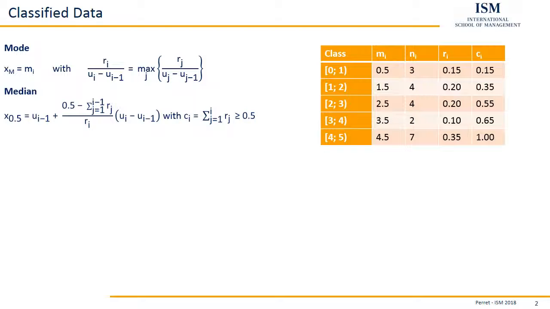The fraction gives us how much of the whole class we need to cover until we arrive at 50%. As each class can be differently sized, we need to multiply this with the width of our class. That's the parentheses, ui minus ui minus 1.